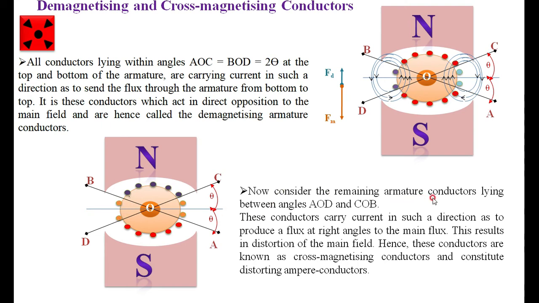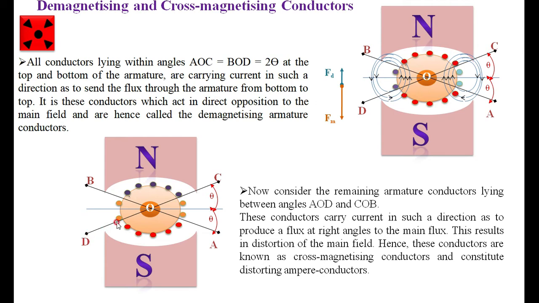Now consider the remaining armature conductors lying between AOD and COB. These conductors carry current in such a direction as to produce flux at right angles to the main flux. This results in distortion of the main field. Hence, these conductors are known as cross-magnetizing conductors.